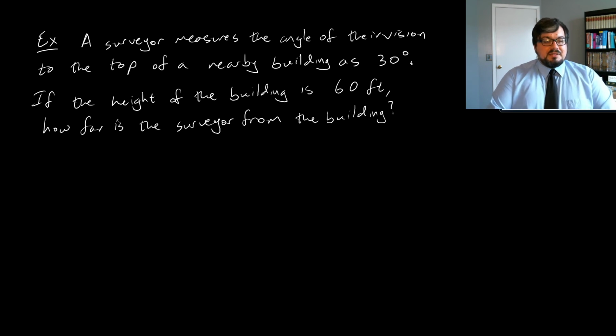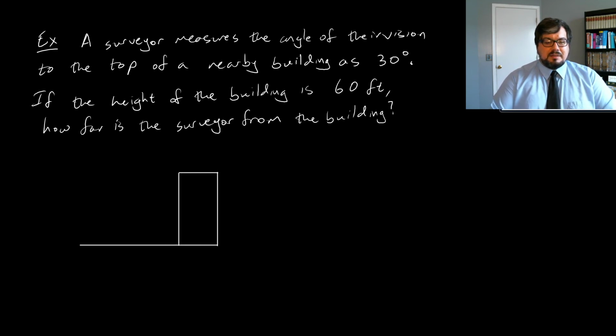So this is one, as we often run into, that benefits from sketching out a picture of what's going on. So this is the way I do it. I'd start with the building right here, and then we've got our surveyor who is measuring the angle from a particular position going up to the building right here.